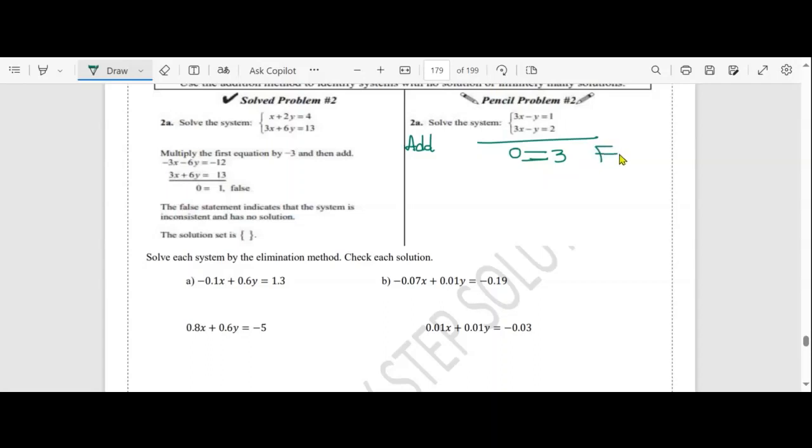Is this true or false? False. That means what? Means the two lines are what? No solution. And how do you write this in mathematics? Phi, right? Or you can write it like this, like empty set.